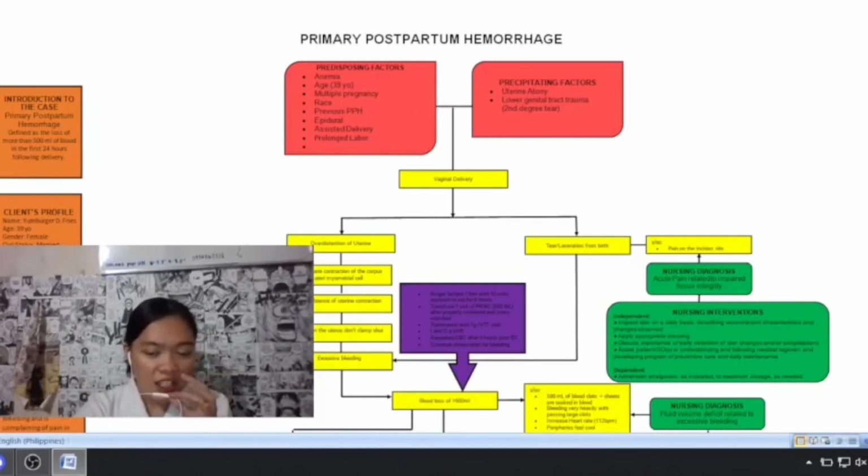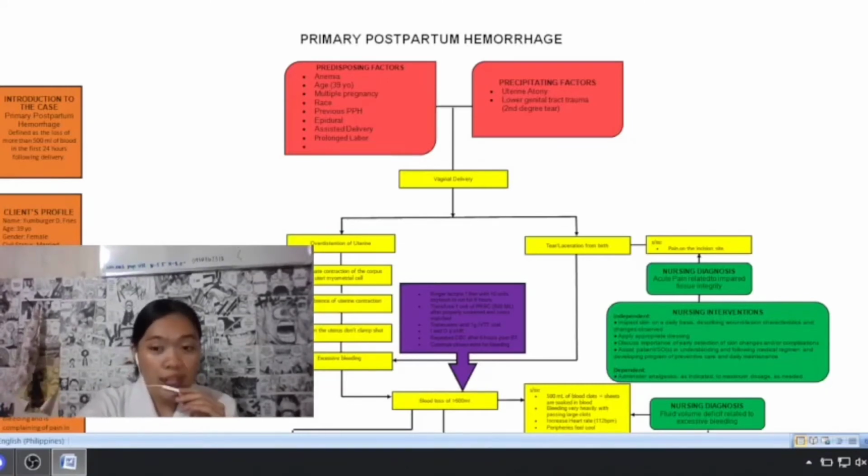Then this decreased renal perfusion leads to oliguria. Isn't it that this leads to oliguria? That's why in her diagnostic result, her urea increased.